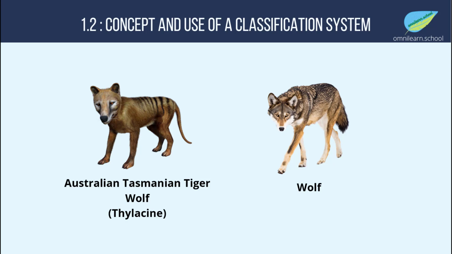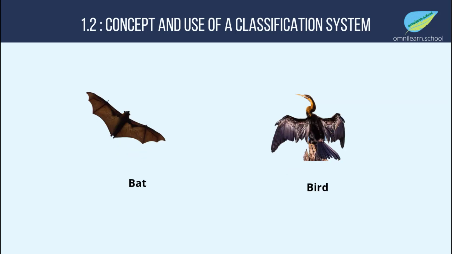If they do, then they would have a similar base sequence in their DNA, and if a scientist had been able to study this soon enough, they would have been able to predict that the Australian Tasmanian tiger wolf is going to be extinct soon, and they could have preserved this animal.